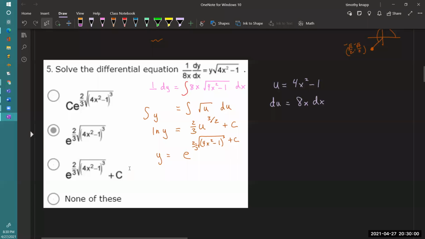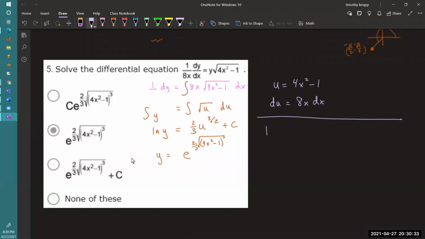And so you might be thinking, all right, well, it's none of these because it should be up there. But actually, let's take a look at this one instead, this C here, because they're tricking you on this question, I think. This plus C could be written on this side over here. Watch this. So I'm going to leave everything.